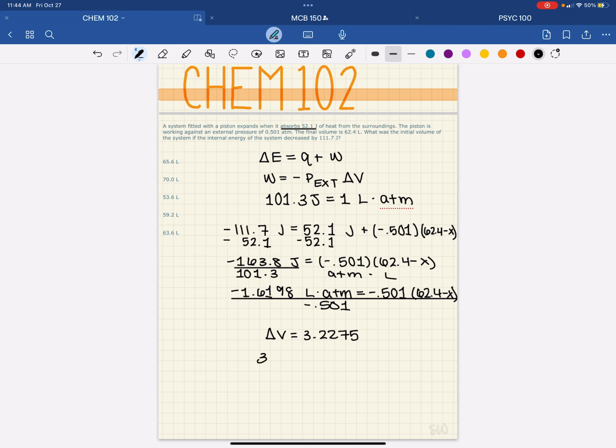So 3.2275 equals 62.4 minus X. I'm going to add X to both sides and subtract 3.2275 from both sides. And then that is going to give me 59.2 liters as my answer.